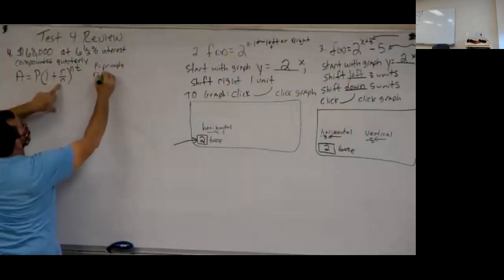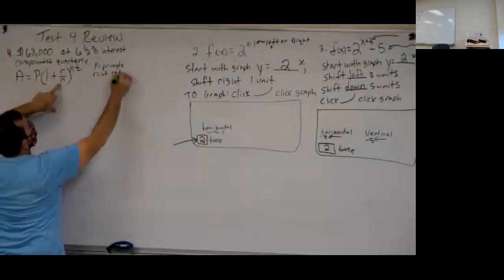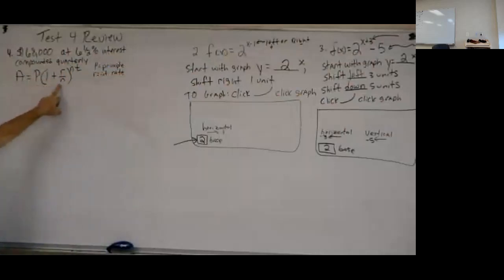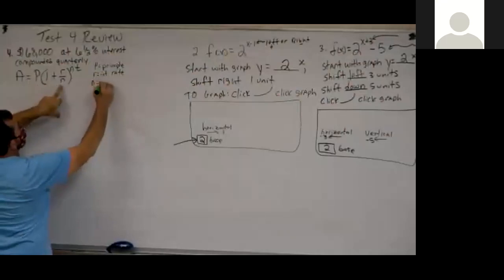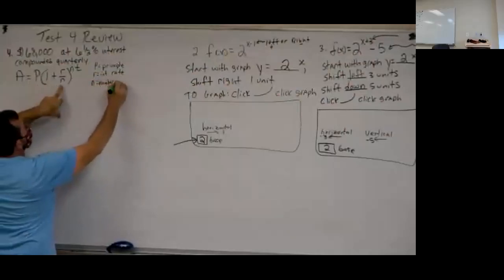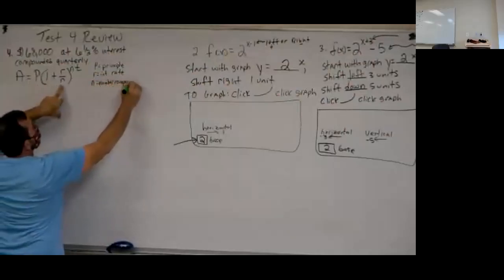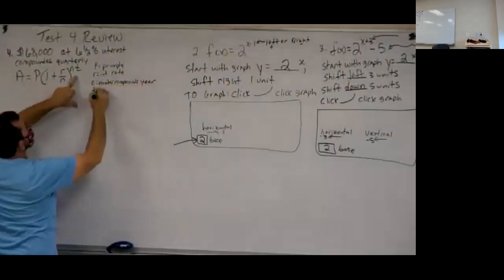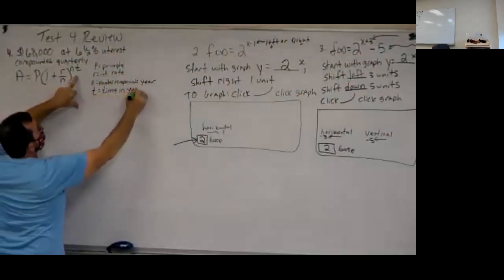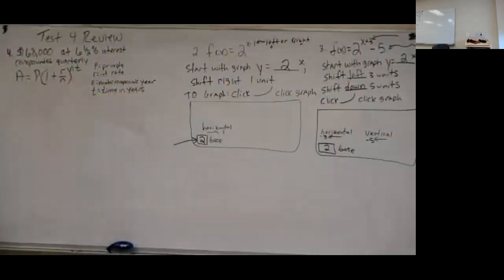R is the interest rate. It needs to be in decimal form. N is the number of compounds a year. And T is the time in years. So that's what all these little symbols mean.